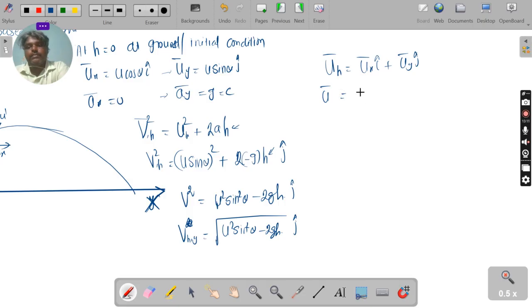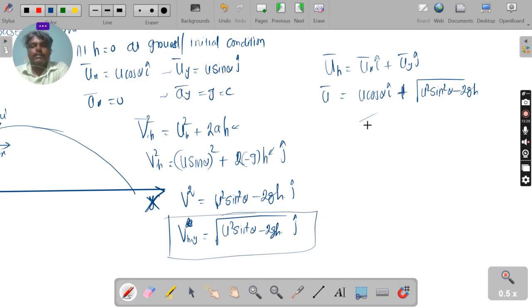So u vector is equal to ux, u cos theta, has never changed. Uy கண்டுபிடிச்சிட்டோம், root of u squared sin square theta minus 2gh. This is the vertical component velocity, and the horizontal component velocity never changes.